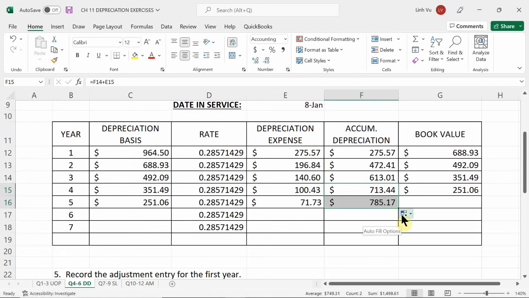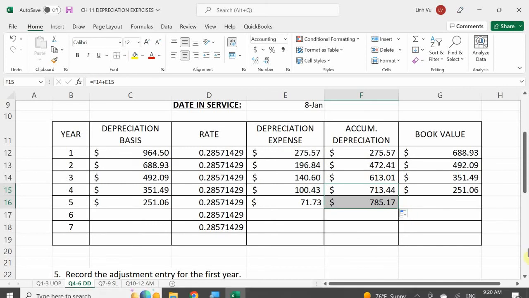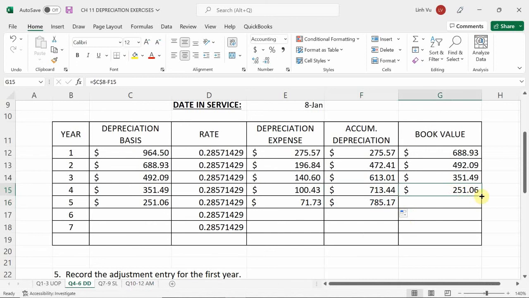So that will give you a book value of 179.33. Good, and that's going to carry over to year six.